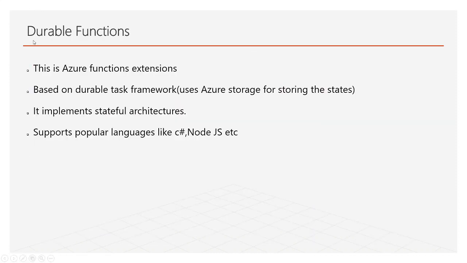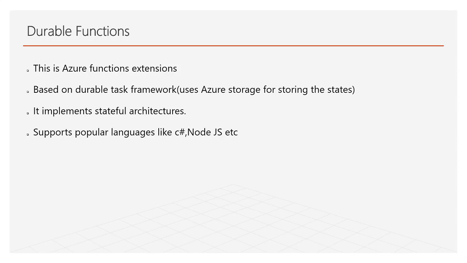Now we will discuss durable Azure Functions. What is the benefit of using durable Azure Functions over the normal Azure Functions? This is normally an Azure Functions extension only. Suppose Azure Functions have some functionalities in its own terms, and durable functions are a superset of normal Azure Functions.